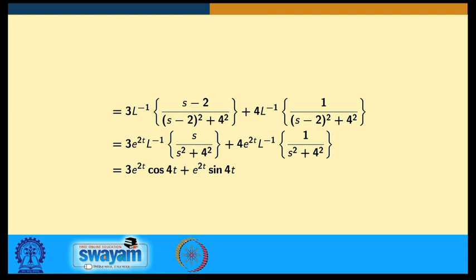I am just breaking this part here: if I know the f of s, then if I multiply by e to the power at, that property I am using here, and I am getting Laplace inverse of this, and from here I can obtain the desired solution.